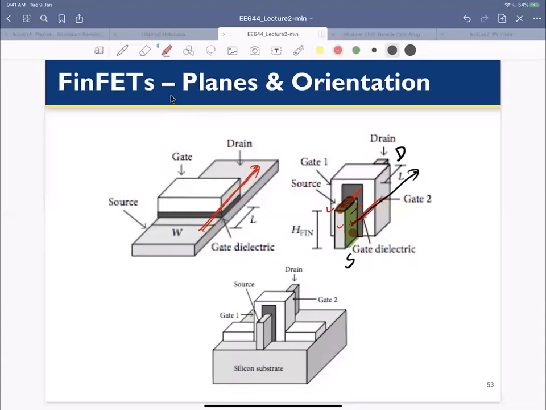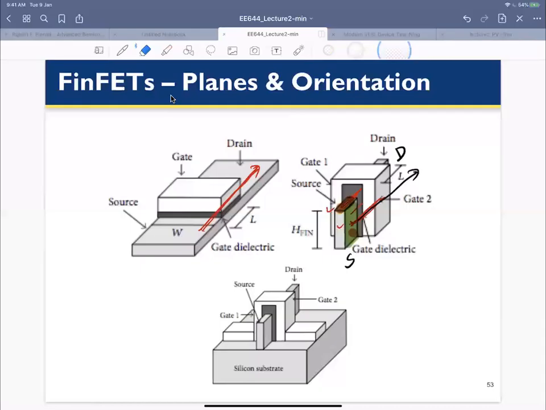But holes are also flowing in 110 planes, because we have a 110 plane in FinFET in addition to the 100 plane. That's the reason the hole mobility is higher in FinFETs; in some cases the hole mobility is even higher than electron mobility.